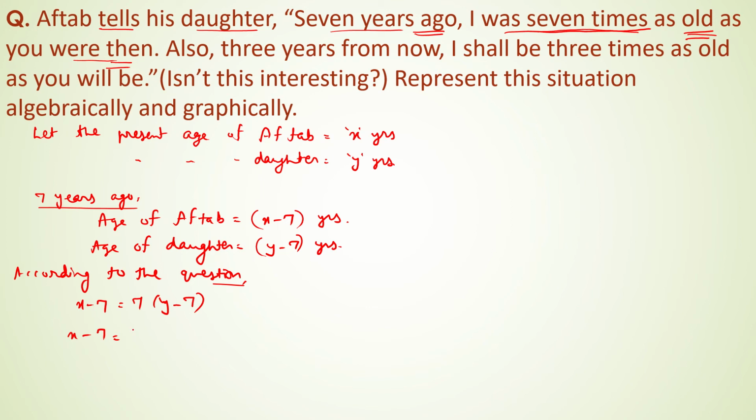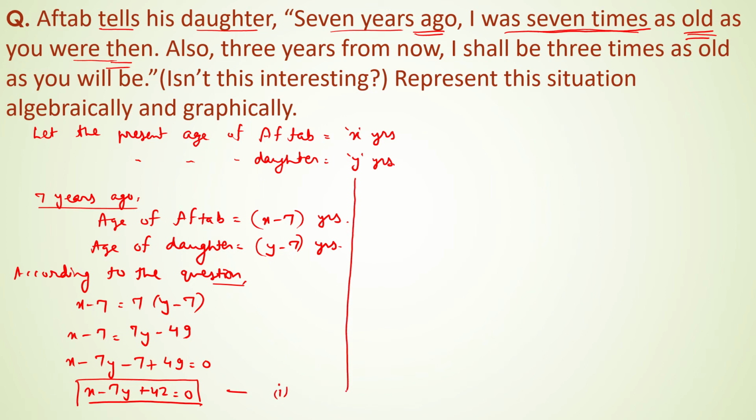So, we get x minus 7 equals 7y minus 49. That means after solving we get x minus 7y plus 42 equals 0. And this can be written as equation number one.